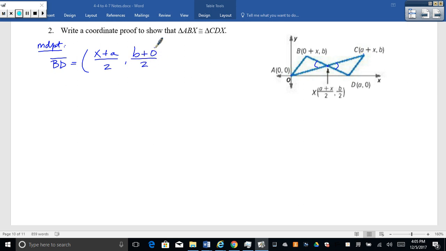X plus X over 2, Y plus Y over 2. If I simplify that, we have X plus A over 2, comma, B over 2. Now what I want you to see is this X plus A, that's the same thing as A plus X. Okay? So as of right now, X is the midpoint of BD. All right? So I might do something like this to show what I've just marked out there.